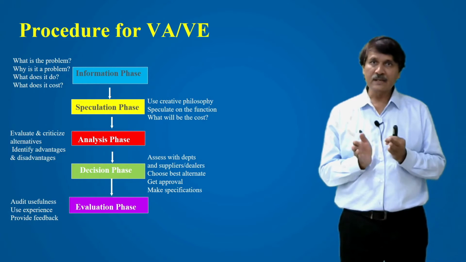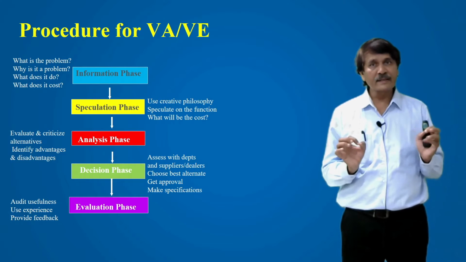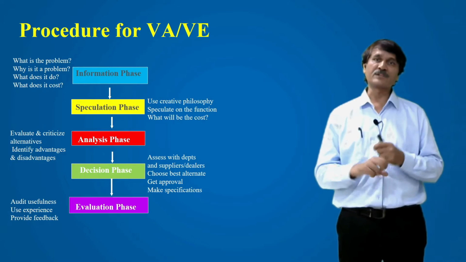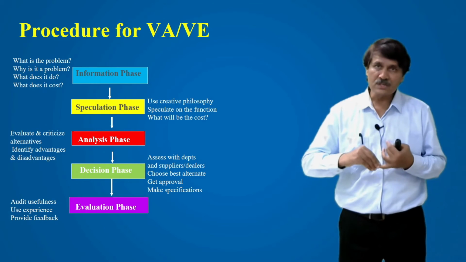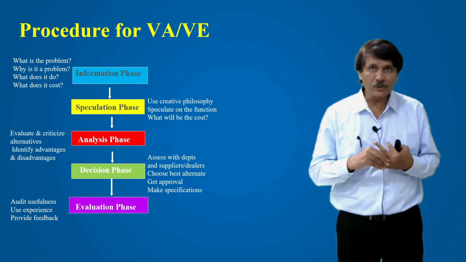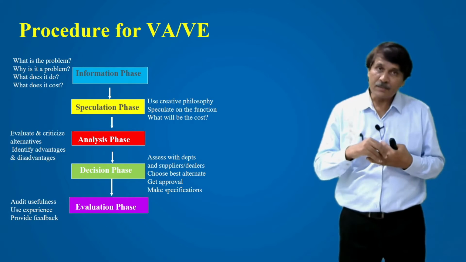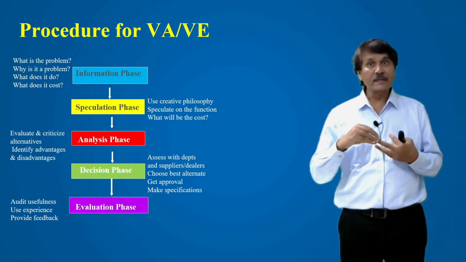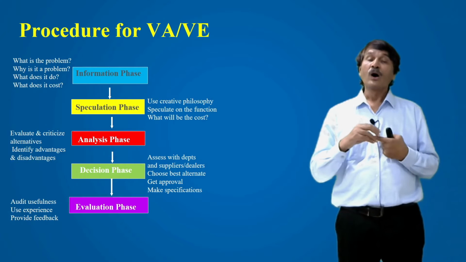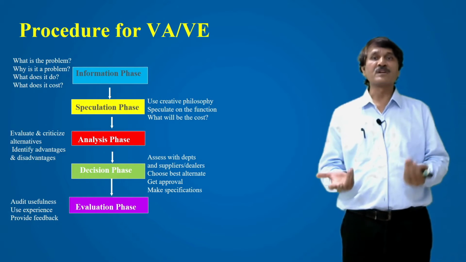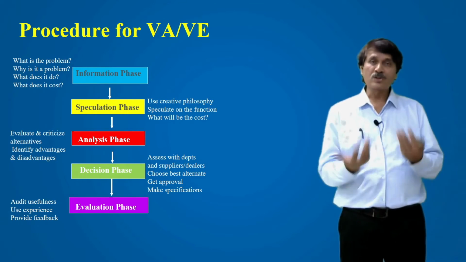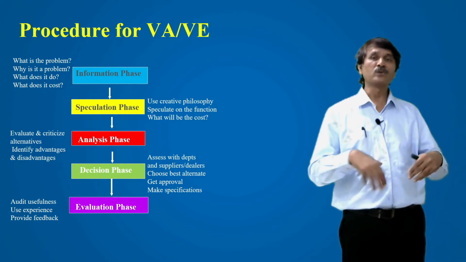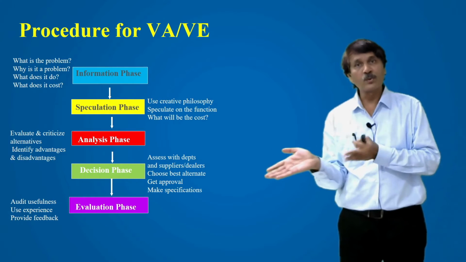The product is there, and you are collecting each and every piece of information related to your product. That is, what the product is, what it is used for, what type of problems are going to be there, why it is a problem, whether these problems are causing hindrance in the performance or they are not of much significance, what the cost of it is, how much cost is associated with this, and how the customer is behaving when the problem occurs.